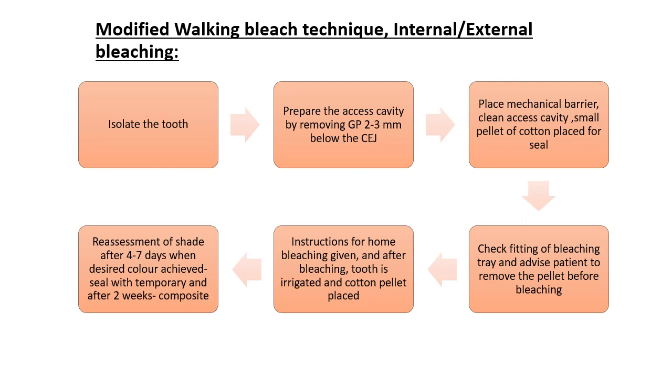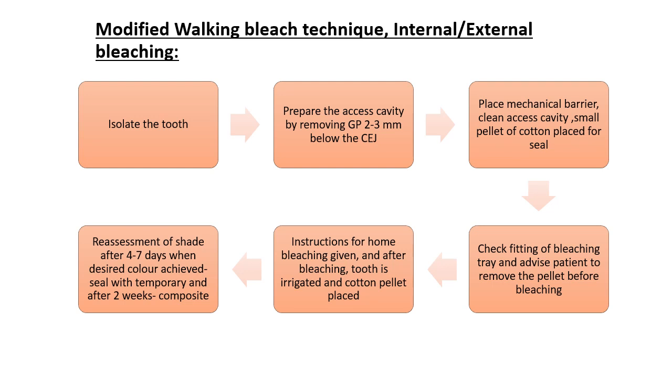Check fitting of the bleaching tray and advise the patient to remove the pellet before the bleaching. Instructions for home bleaching are given, and after bleaching, the tooth is irrigated and a cotton pellet is placed. Reassess shade after 4 to 7 days. When the desired color is achieved, seal with temporary, after which 2 weeks later there is a permanent composite restoration.